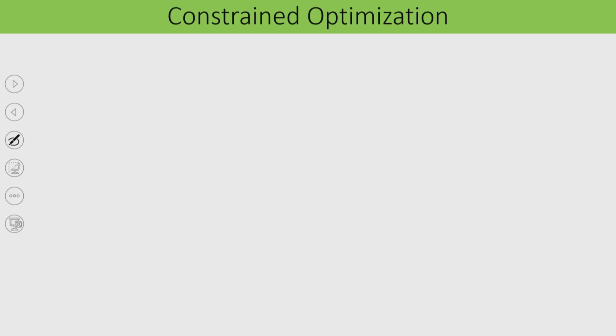Let us see case 2. Case 2 is that x 1 minus x 2 minus twice x 3 minus 12 is equal to 0.